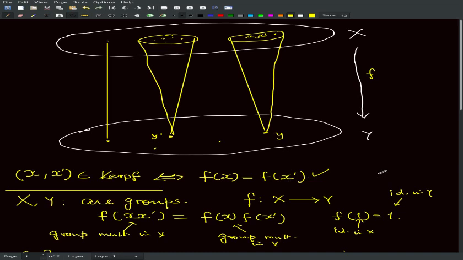So x prime inverse belongs to the kernel of f. But we don't have this way to bring this in general sets. We don't have a way to bring this f(x prime) to the other side of the equation and have a 1. So we have to stop here, and that gives us our kernel pair.